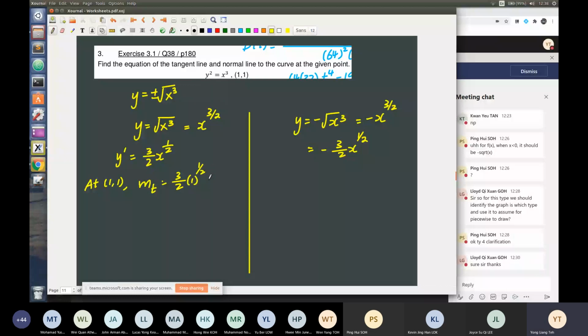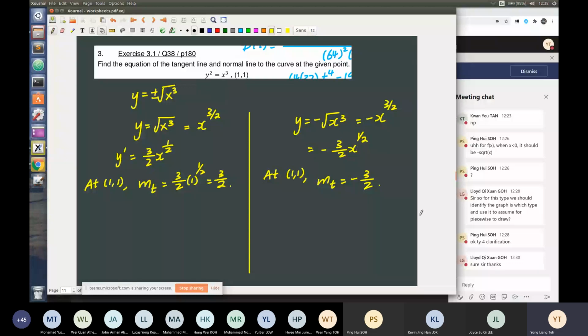So clearly this is just giving me 3 over 2, a positive gradient here. Then at the same time, we can apply this to the other function. So there will be 2 points whereby you have tangents. So mt is equivalent to minus 3 over 2 times 1, of course. So therefore, just minus 3 over 2.